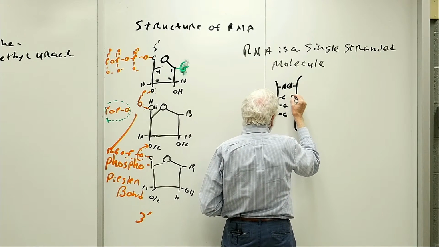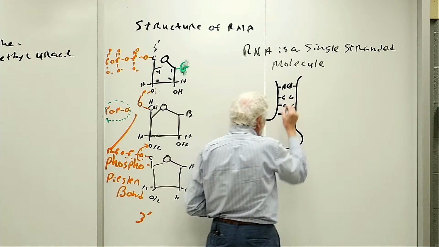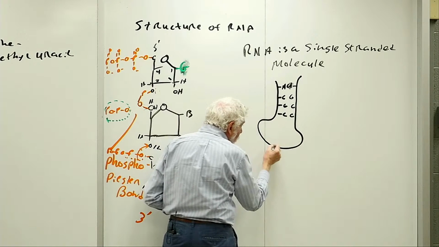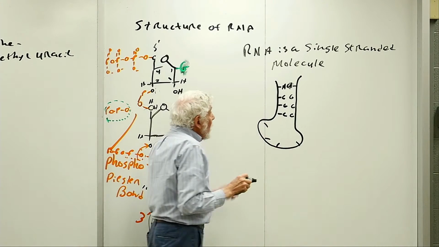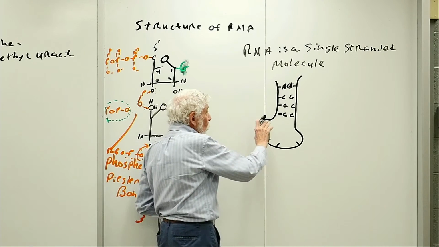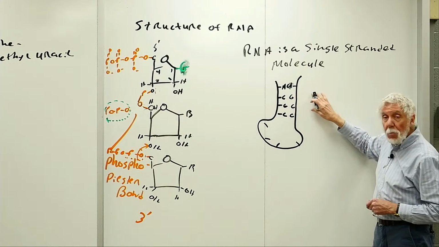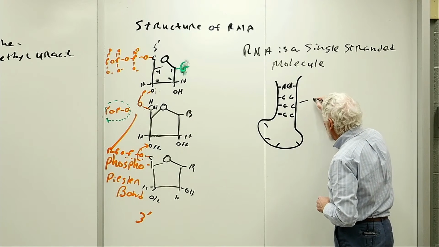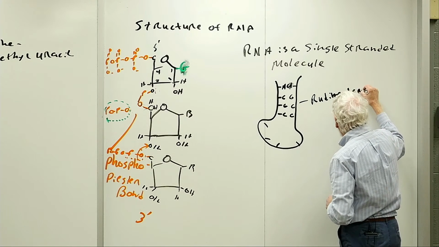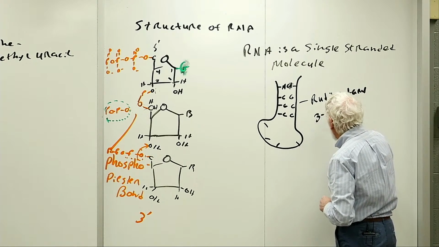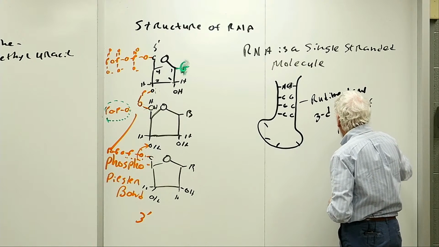This cytosine to a guanine, this guanine to a cytosine, and this cytosine to a guanine. So we'll get that base pairing. And then down here, where they don't base pair as well, there may be some other bases. But by having the molecule, even though it's single-stranded, fold back on itself and form this base pairing, we can start to get a rudimentary 3D shape of RNA.